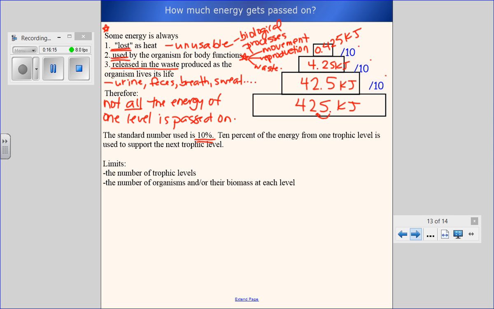Now, what's the result of all of this, this fact that all of the energy is not available? There are a couple of limits. There is a limit to the number of trophic levels. There's a point where there's not enough energy to support yet another level above the one that's at the top. The other thing is that at each level, there's a limit on the number of organisms and/or their biomass.